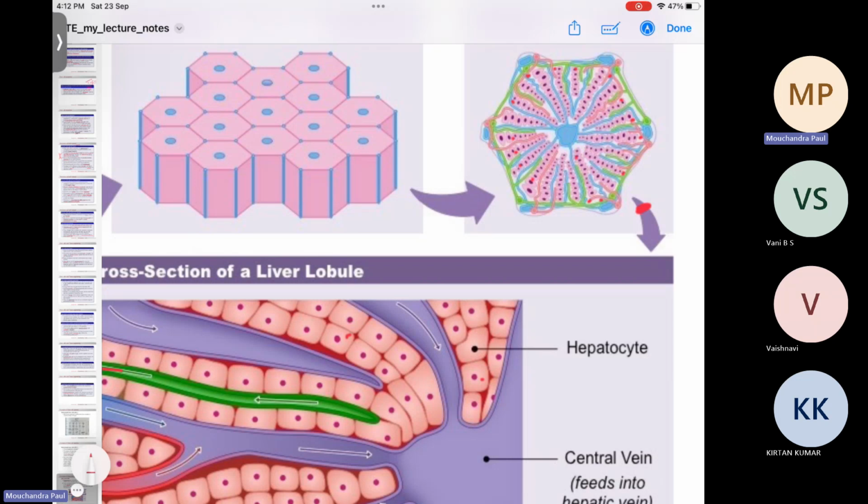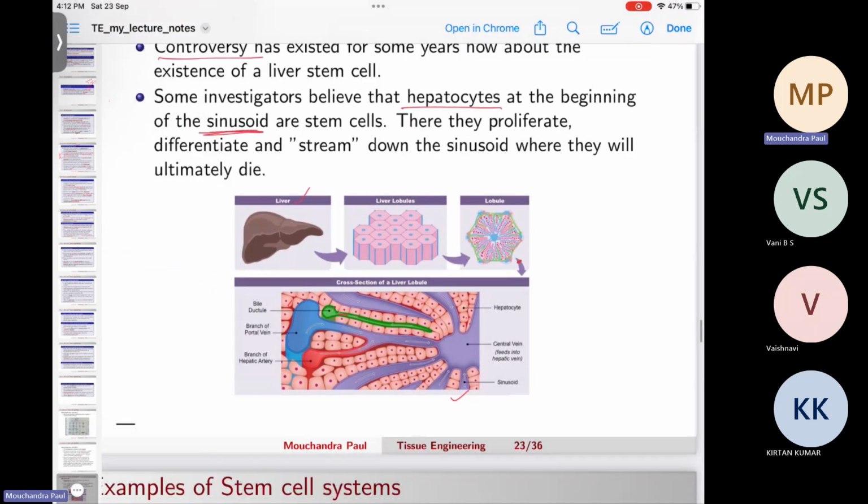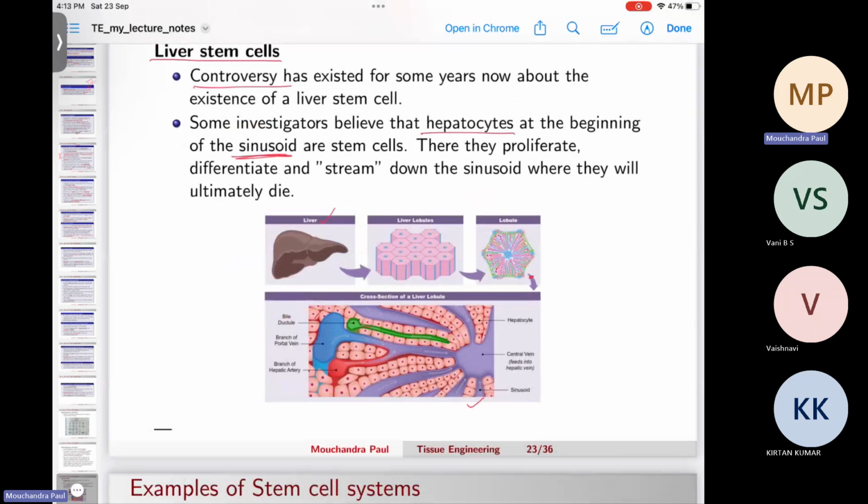So basically they join the hepatocyte structure, and after a few divisions, they ultimately die and are removed from the body via the veins. They believe that this is going on continuously inside the liver.